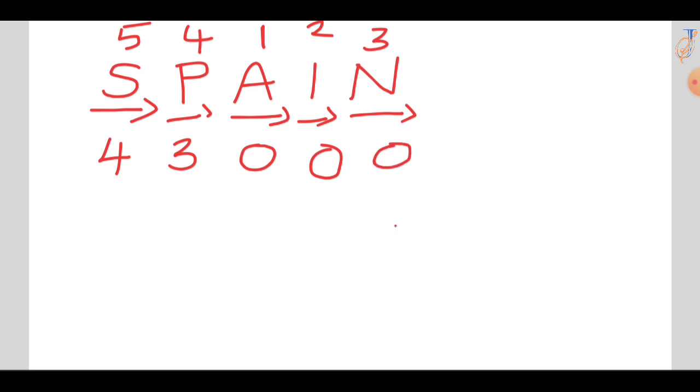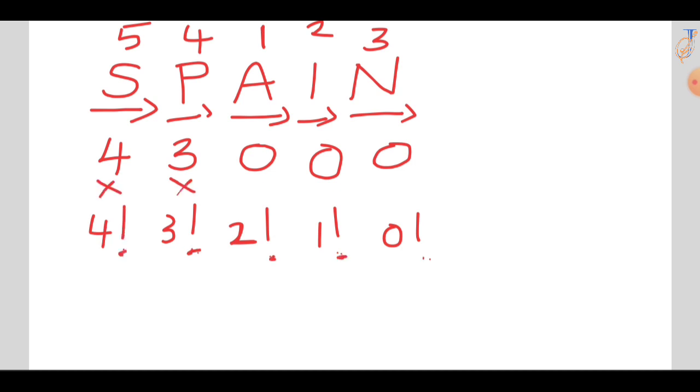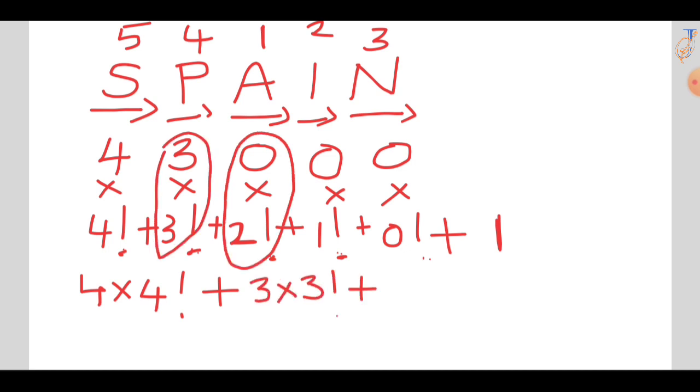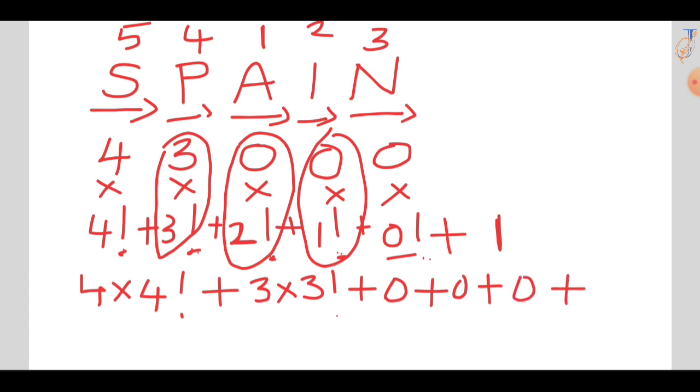Now simply write 0 factorial, 1 factorial, 2 factorial, 3 factorial, 4 factorial. Then multiply each and every term. 4 times 4 factorial, plus 3 times 3 factorial, plus 0 times 2 factorial is 0, plus 0 times 1 factorial is 0, plus 0 times 0 factorial is 0, and finally add plus 1.